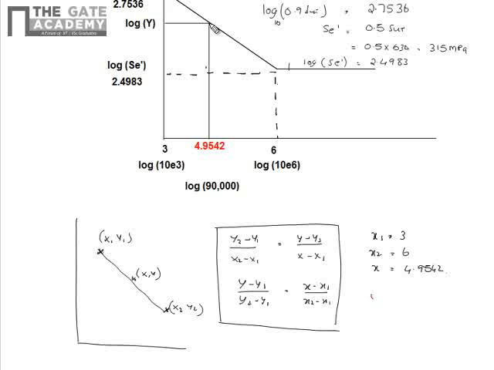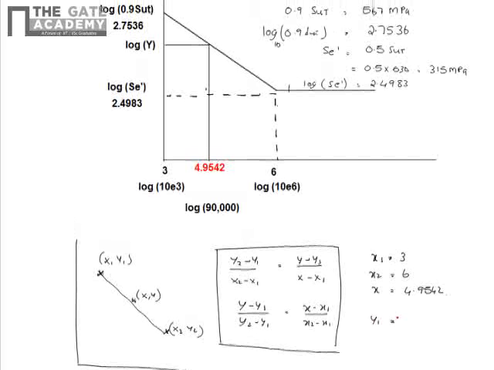Similarly, y1 is nothing but log of 0.9 SUT, that is the y coordinate of this point, that is 2.7536. y2 is nothing but the y coordinate of this point, that is nothing but 2.4983, and y is what you have to find out.